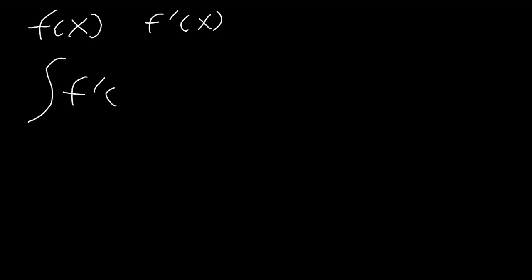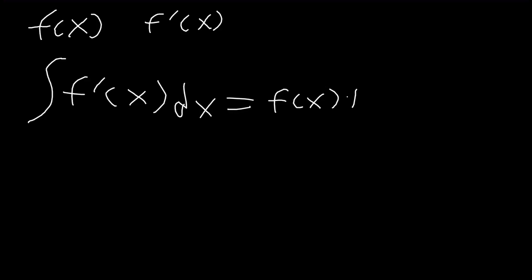If you have a function f of x where the derivative of that function is f prime of x, the antiderivative of f prime of x is equal to f of x plus c.